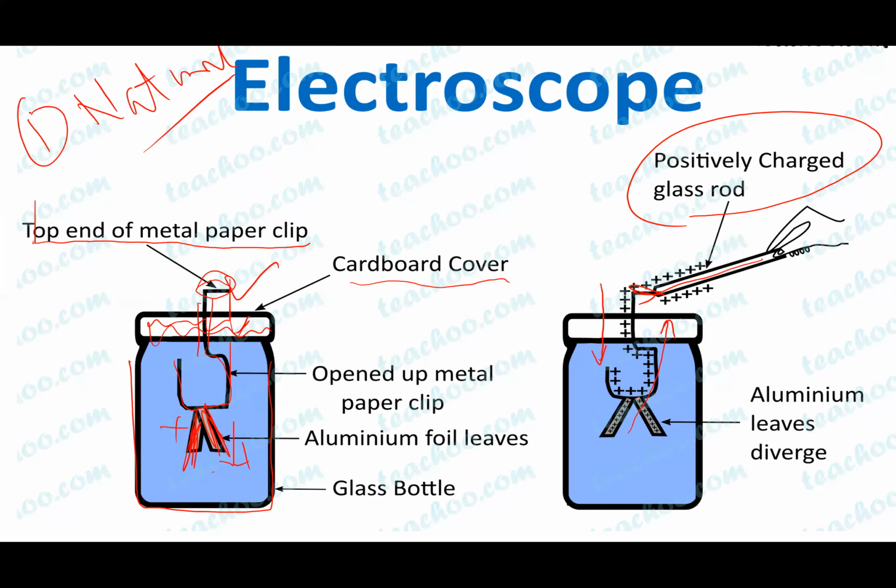Or if this body is positively charged and brought in physical contact with this, positive charge will transfer to the aluminum leaves. So here they are closer, similar charges are created, and they will repel each other.